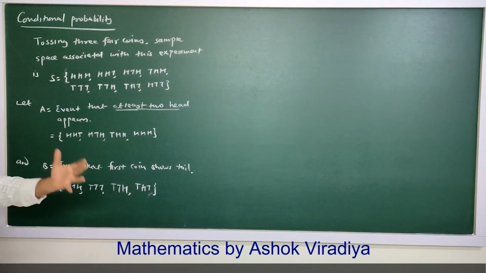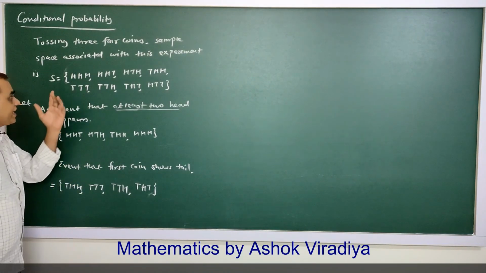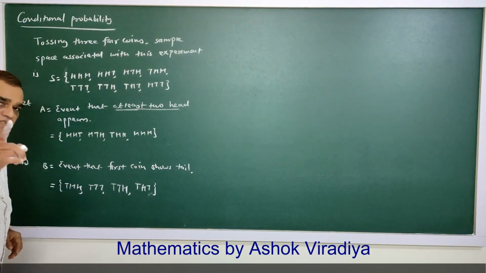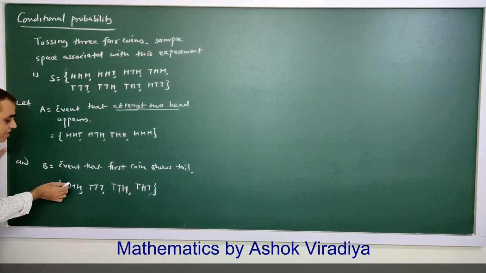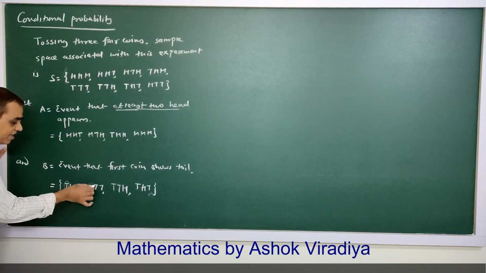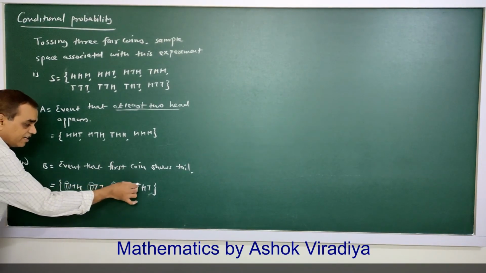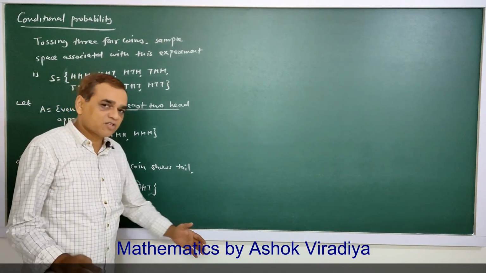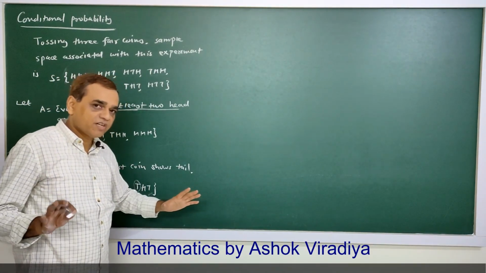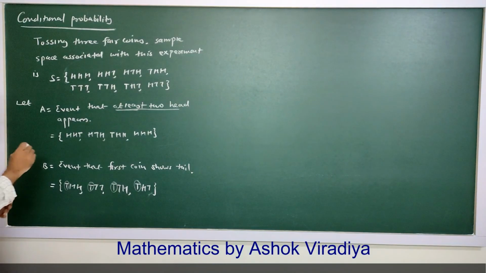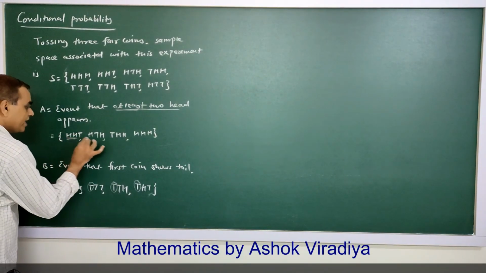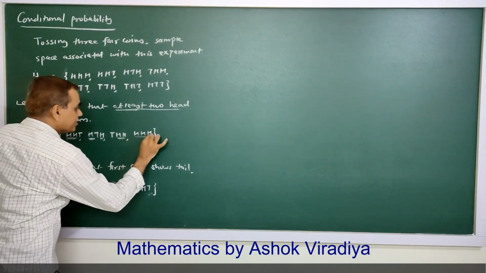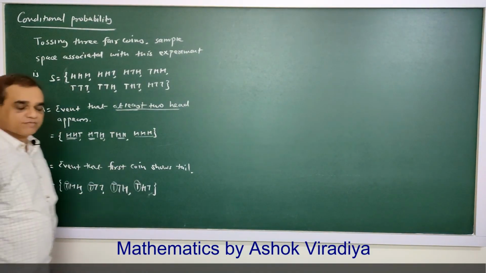So follow the words which are given. First coin shows tail means observe only the first place. Here it is tail, here it is tail, here it is tail. Don't check the second and third coin. First coin shows tail, it's enough. Take that element. Here at least 2 heads, so 2 heads, here 2 heads, 2 heads and 3 heads, so at least 2 heads.